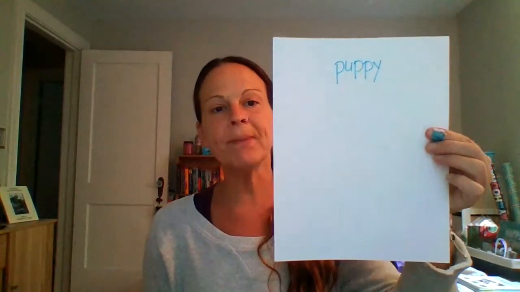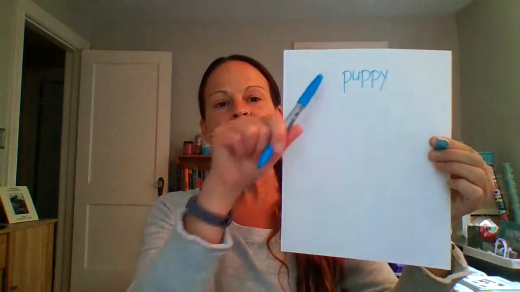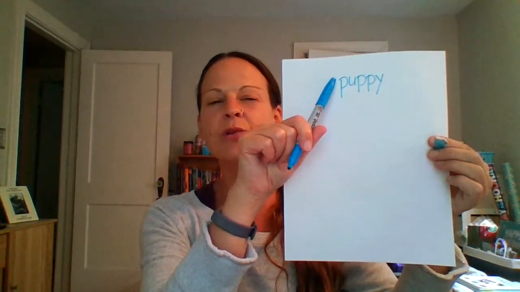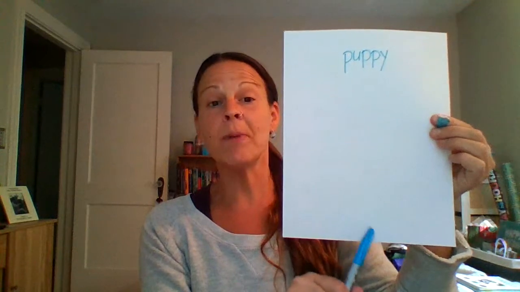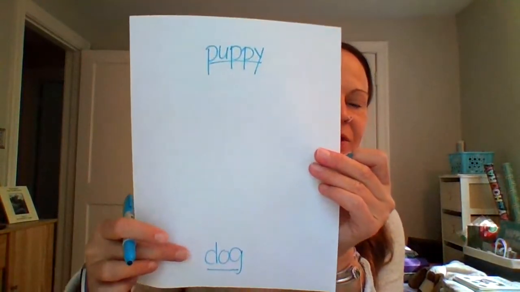I have puppy at the top. So a word that's similar or close to puppy to go at the bottom of my diamante could be not a puppy, but what is a puppy when it grows up? A dog. So I have puppy and I have dog.